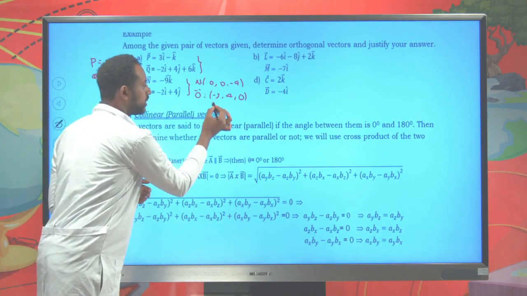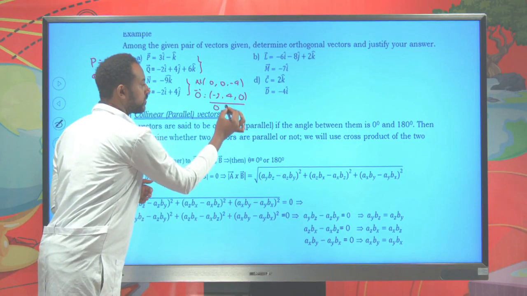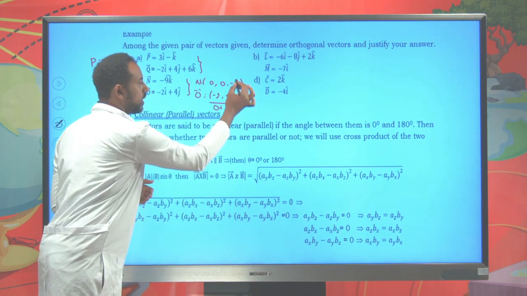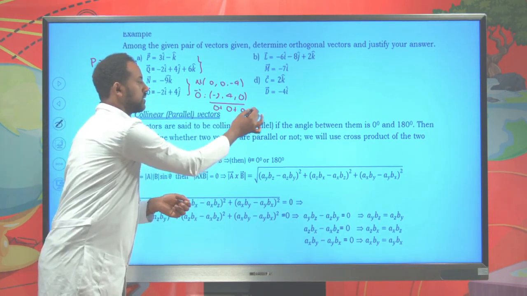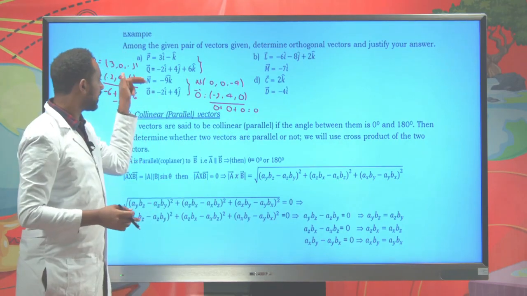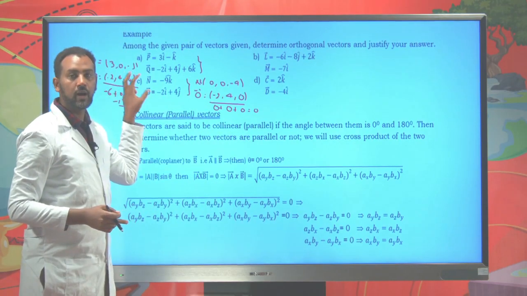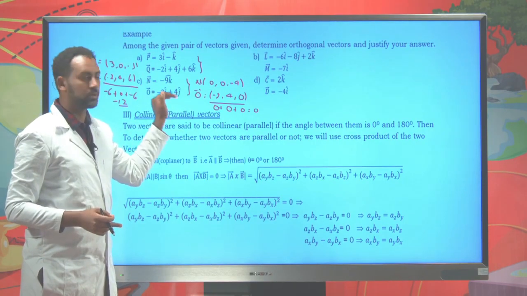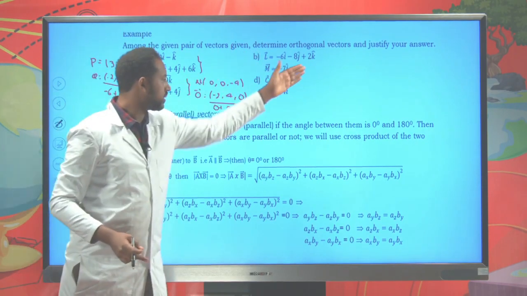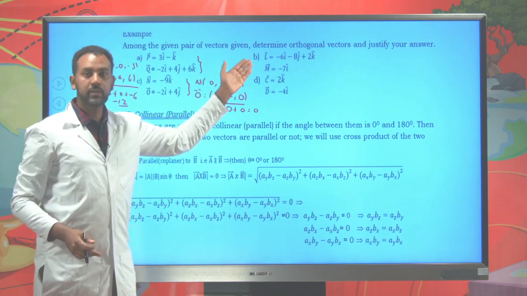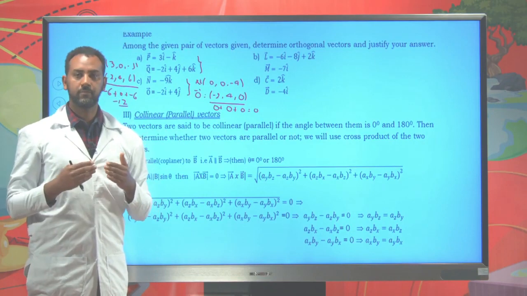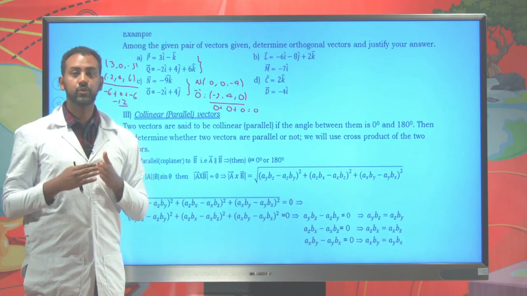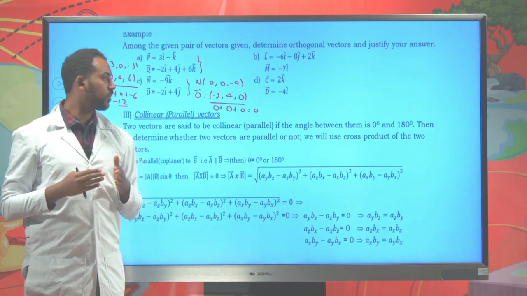So 0 times -2 gives us 0. 0 times 4 gives us 0. We have to add these. And at last, when you multiply -9 by 0, it also gives us 0. So when you add these zeros, it gives us 0. Therefore, you can say that vector n and vector O are perpendicular to each other. They are orthogonal vectors. You can proceed with this as well, and check whether they are orthogonal or not. So the other application of vectors is to check whether two vectors are perpendicular to each other or not.